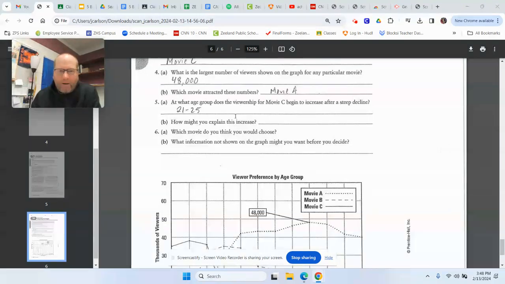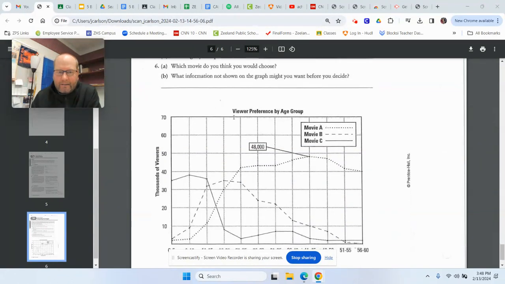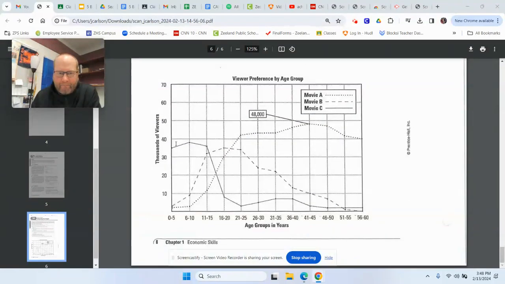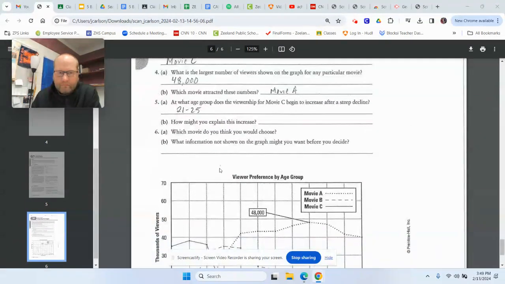5A. At what age group does the viewership for movie C begin to increase after a steep decline? Movie C. So we get up here, steep decline. It starts to go back up at age group 21 through 25. You see that steep decrease right here. How might you explain this increase?